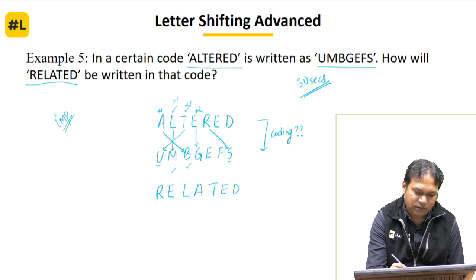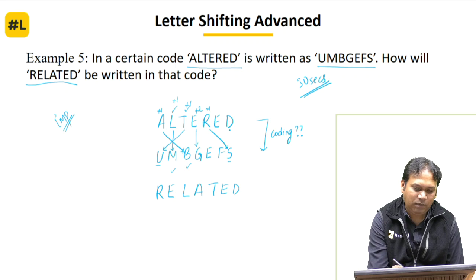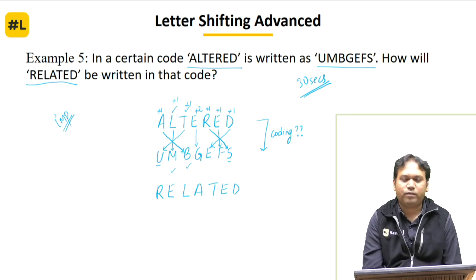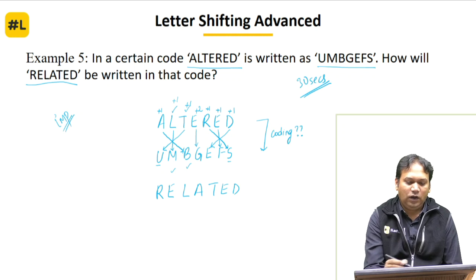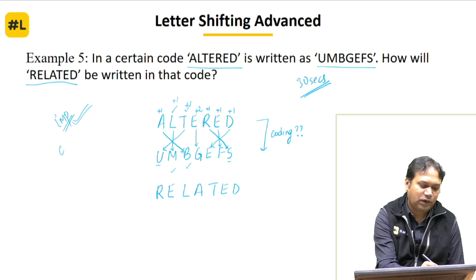R plus 1 is S, and D plus 1 is E, and E plus 1 is F. Observe the coding method used here, very important. Cross coding, cross shifting, not shifting one below the other, shifting in a cross manner.